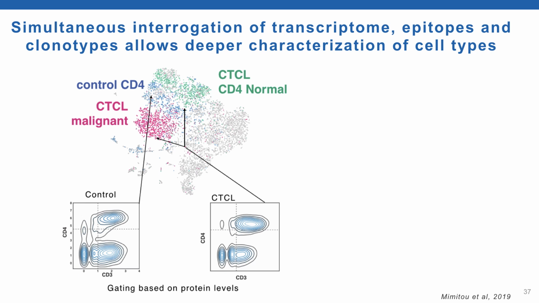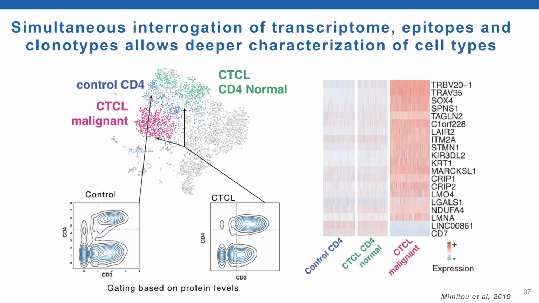But then we can further separate them out by which receptor they express. And so if we do this, we can compare at a pseudo bulk transcriptome level the control CD4 cells to the polyclonal CD4 cells from the CTCL patient to the monoclonal CTCL malignant cells. And you can quite clearly see there's a very strong gene expression phenotype associated with transformed cells, as you'd expect.